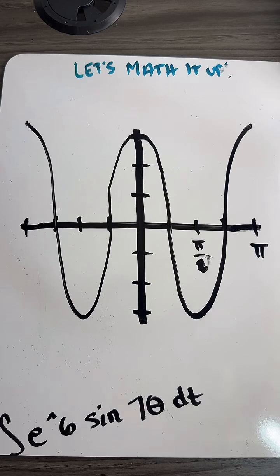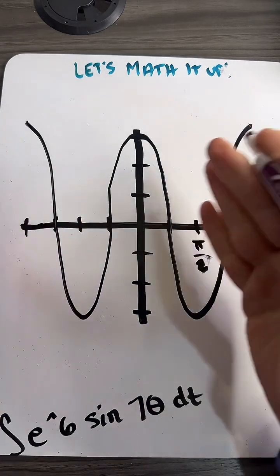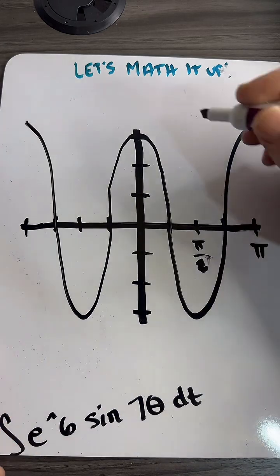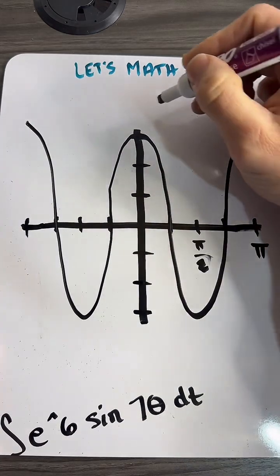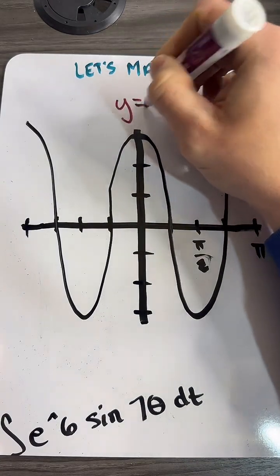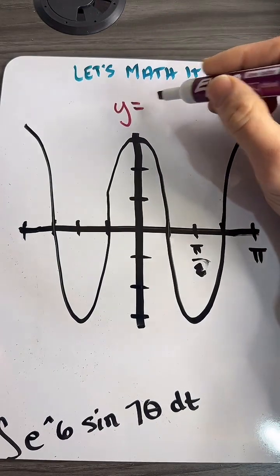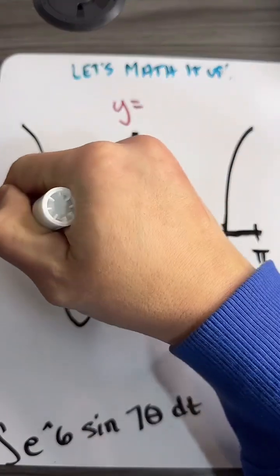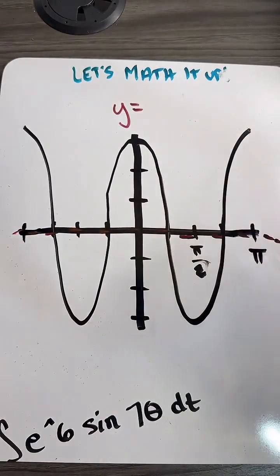All right. So for this one, I look to see if there's any shifts. It doesn't give me, like, x minus whatever pi over 2 or x plus. So it asks for, in terms of the equation, what's the number in front? So it's y equals, the number in front is going to be how high it goes or how low it goes. Okay, notice how the middle of my graph is right here.